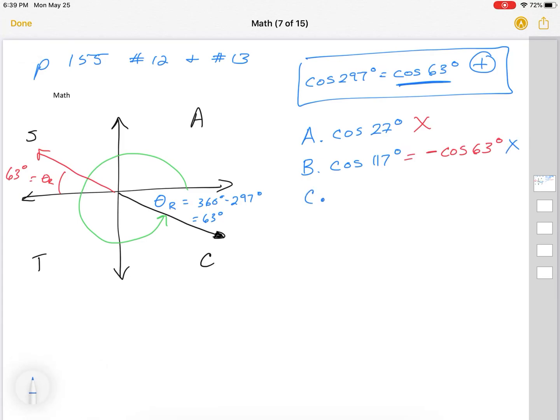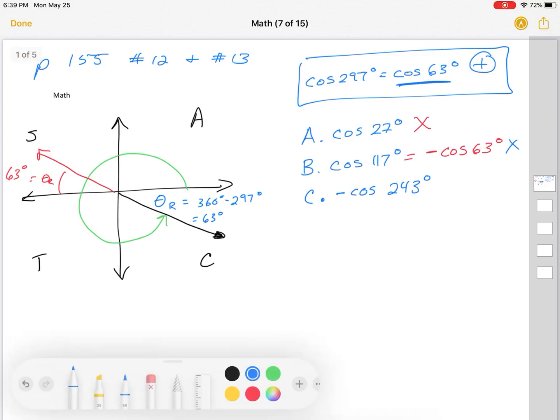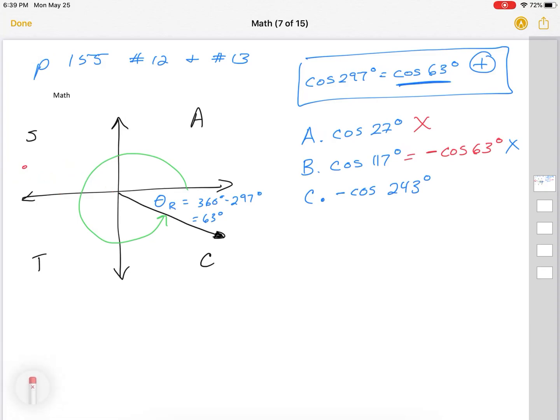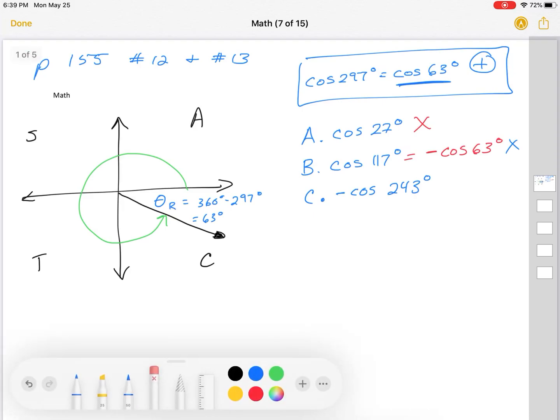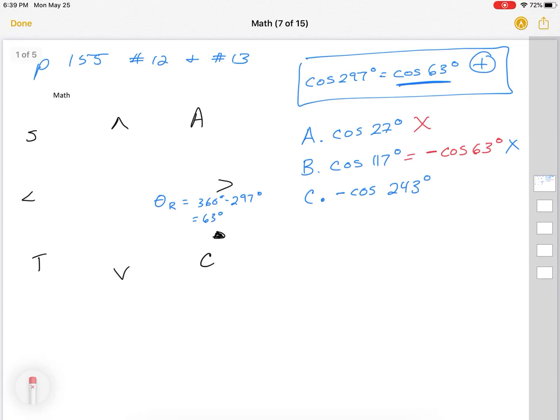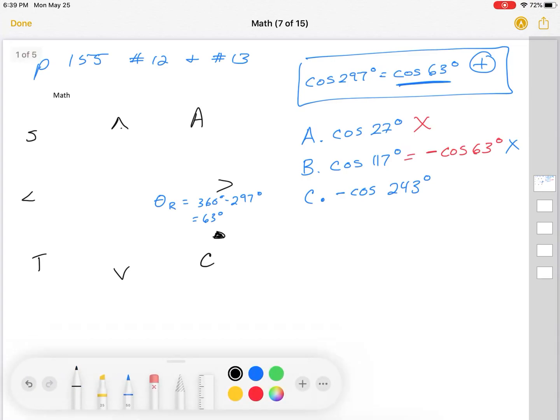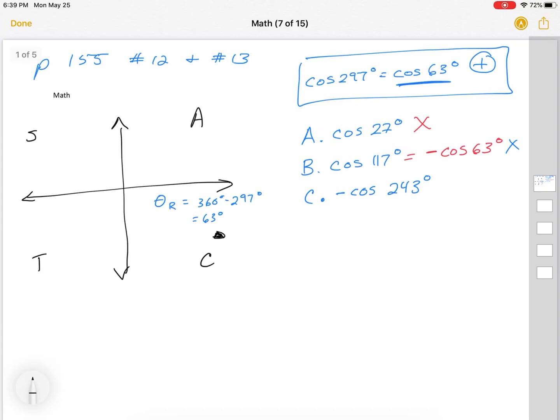Okay, our third one, negative cos 243 degrees. I'm going to get rid of this now that we understand that that one's going to be negative, and I'm going to sketch in 243. Oops, first I'm going to redraw my x-axis.